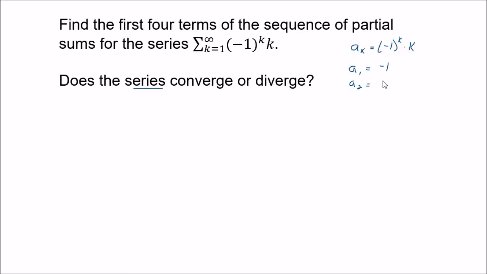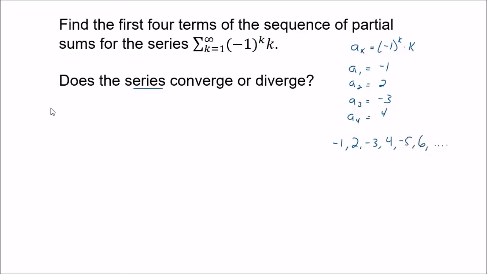Just checking my math here. Let's see, the third term would be (-1)^3, which is -1, times 3. The fourth term, (-1)^4, is positive. So we can see what's happening here. Looks like we've got -1, +2, -3, +4, -5, +6 forever.